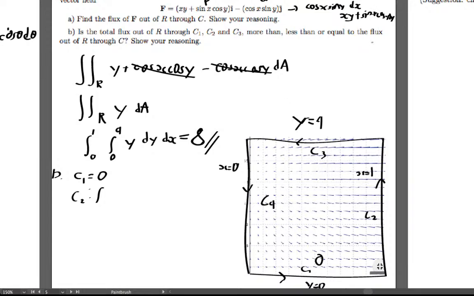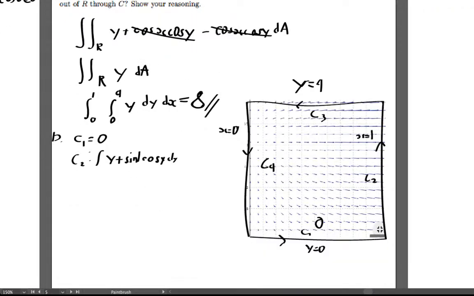What you have is y plus sine 1 cosine y dy, computing this from 0 to 1, which is totally weird, but yeah.